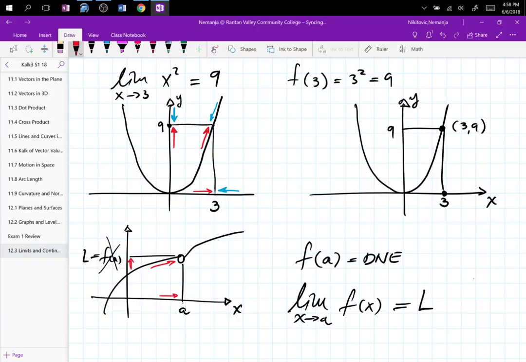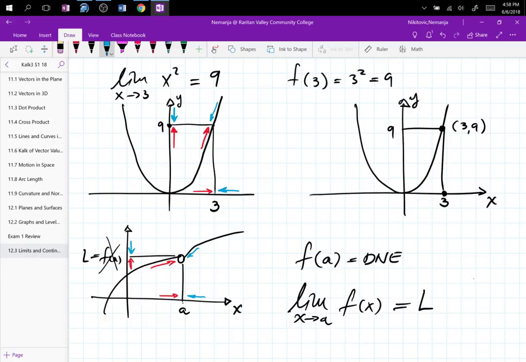So I can figure out the pattern from observing all of the values for the red and blue, and looking at those y values, they're going to scream that the answer is, let's say, 7, because from the left and from the right, they both approach 7. So this is the idea of the limit.